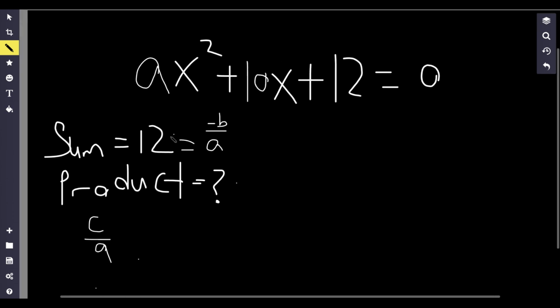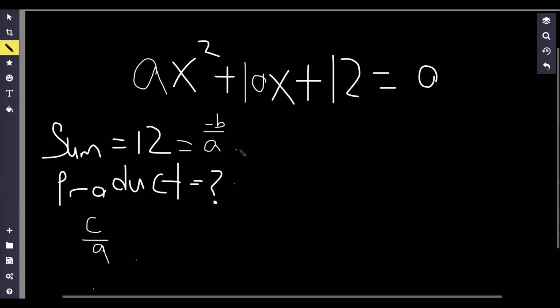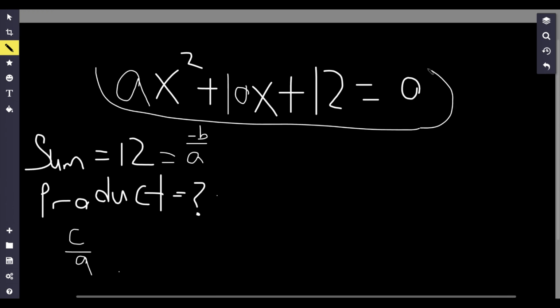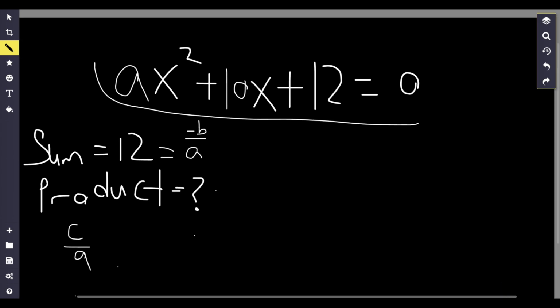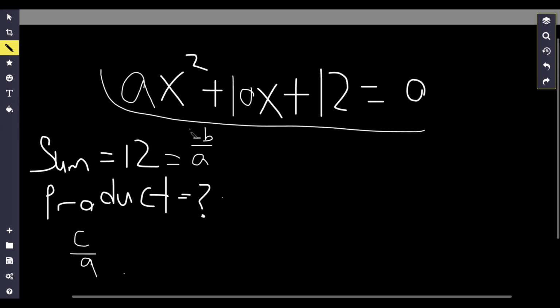So this time, we're given that the sum of our roots is 12. And we want to find out what the product of our roots is. So given our quadratic equation, what's the product of the roots? Well, let's plug in what we know.